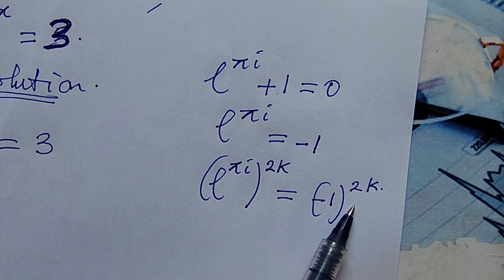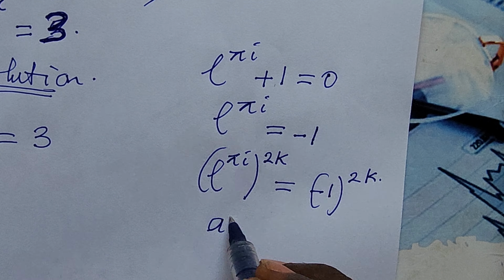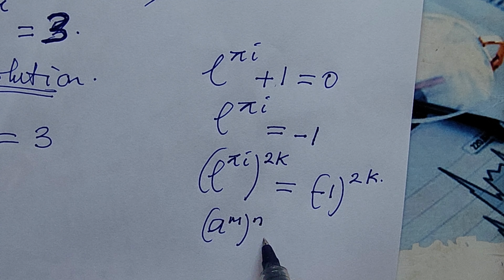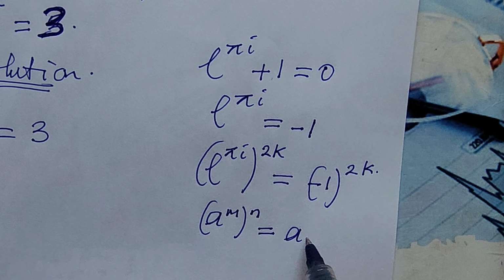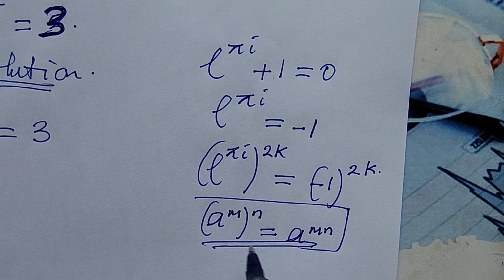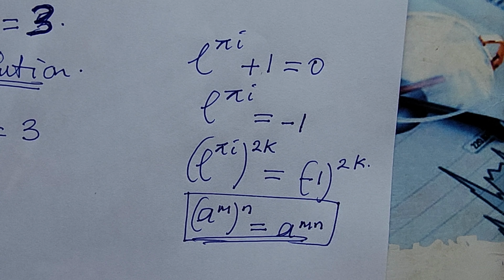Now, according to the law of indices, a to the power of m, bracket, n, is equal to a to the power of mn, so we can separate these two quantities here.